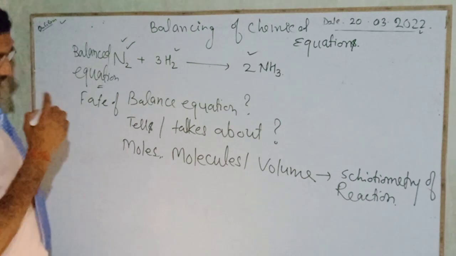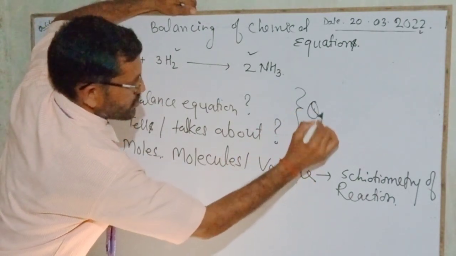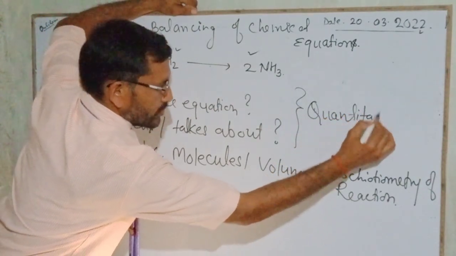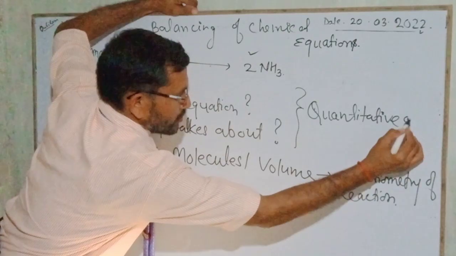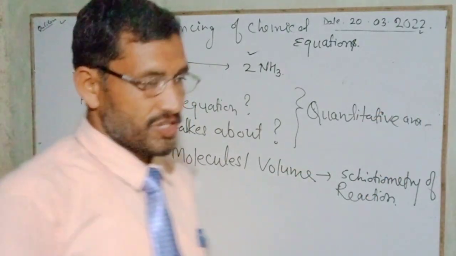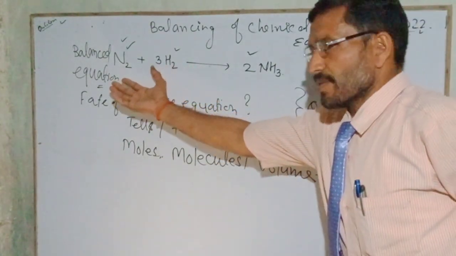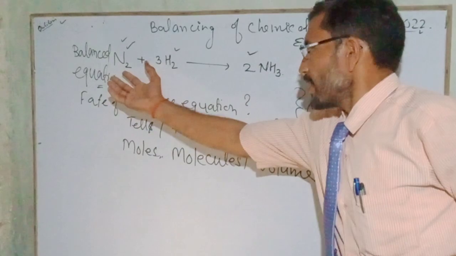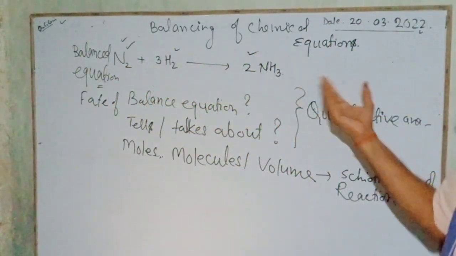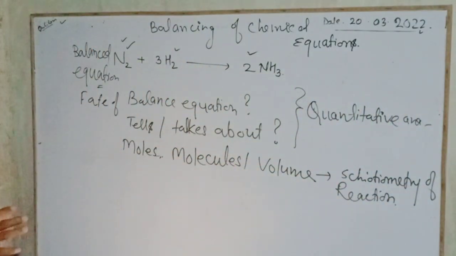Or you can say in another way, the quantitative analysis about the reaction. The number of moles or number of molecules present in the reactants, or LHS, give rise to a product, and that should be equal.